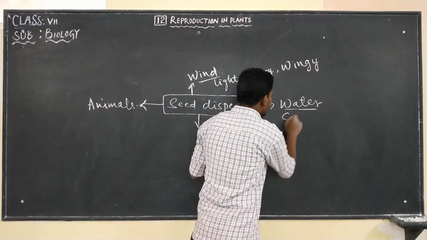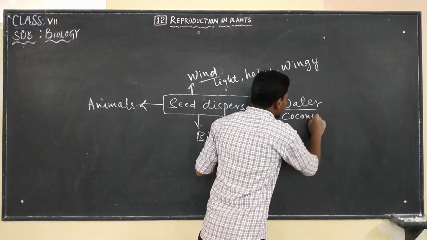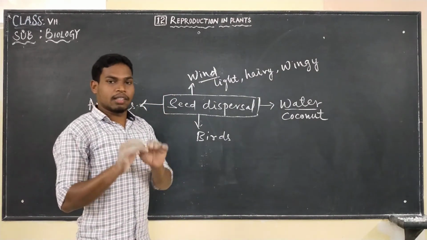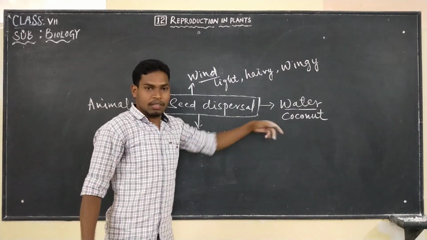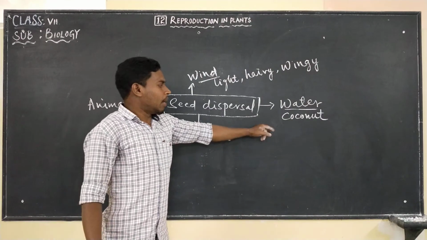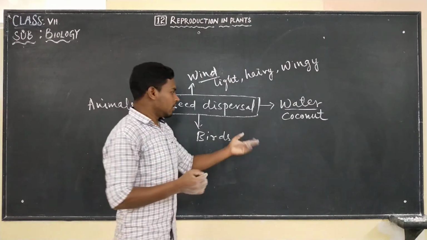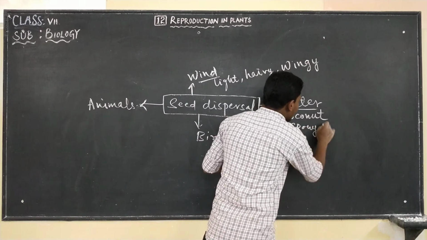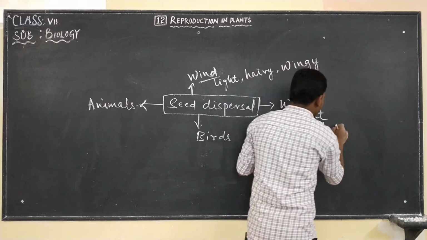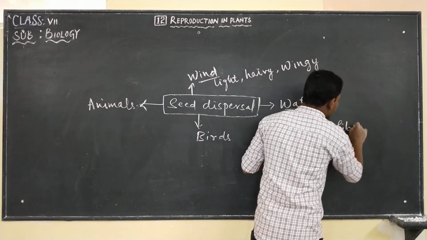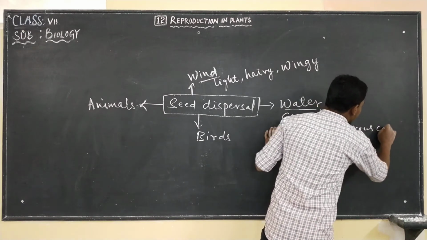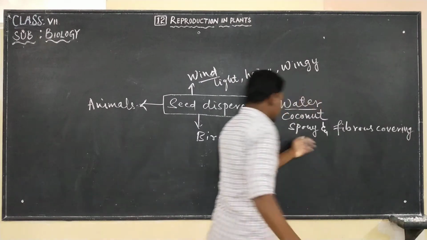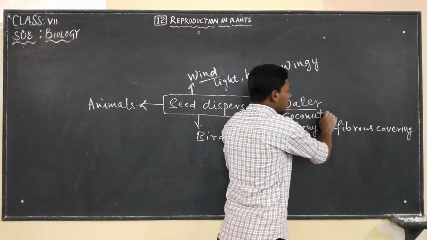For example, coconut. And this coconut is adapted, it has an outer covering, a spongy and fibrous covering. And this coconut is carried by water.